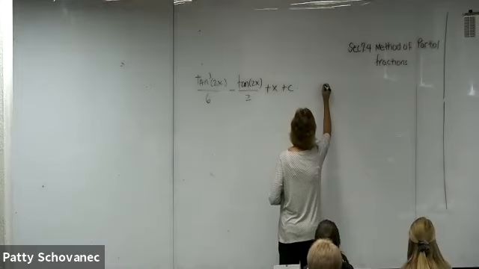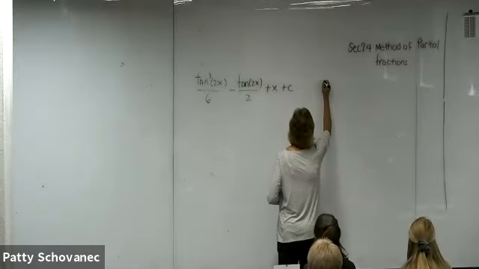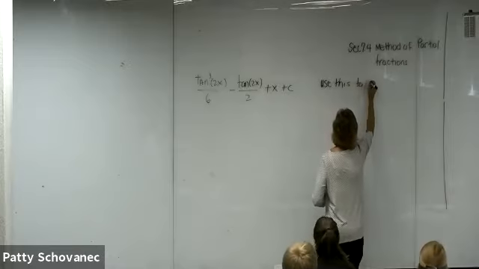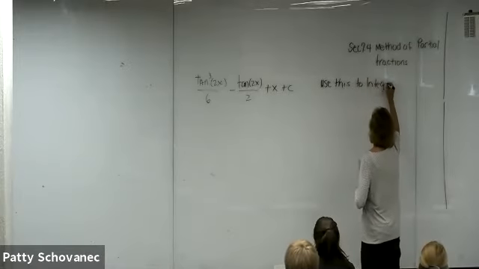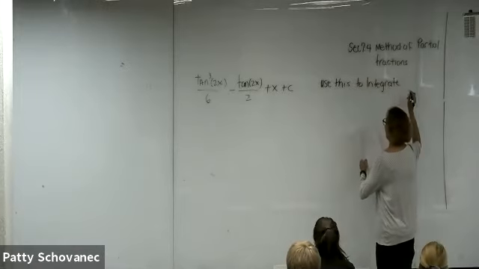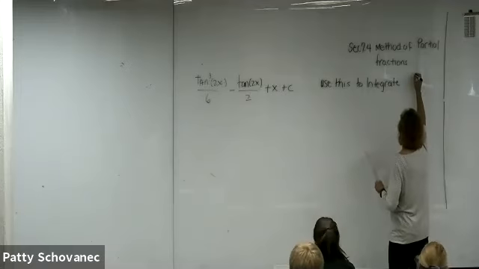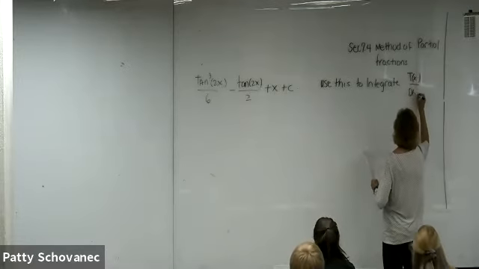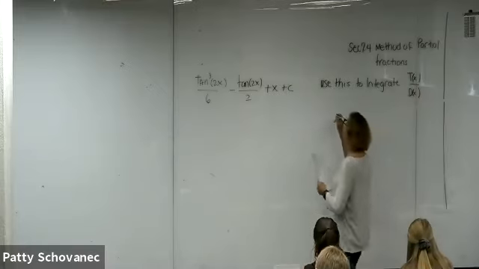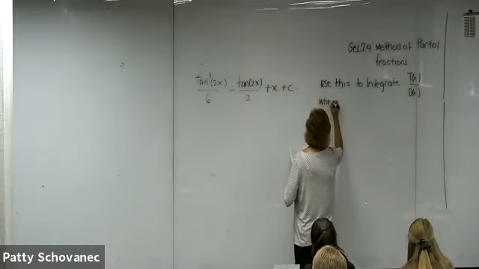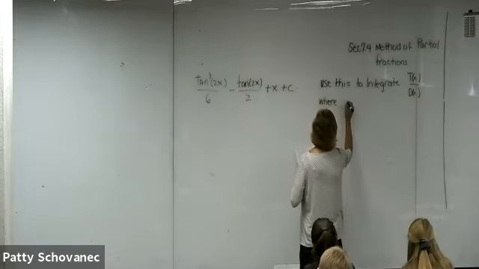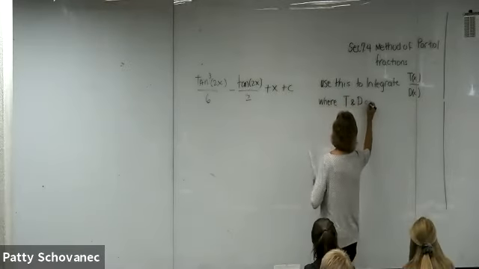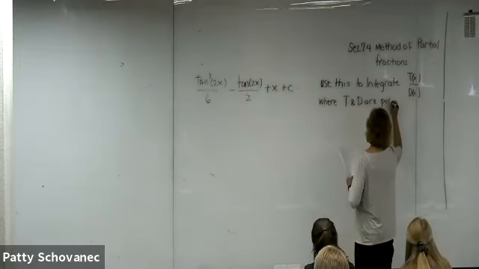So we're going to use this method to integrate rational functions, quotients of polynomials. I'm going to call it the top over the bottom as functions of x, where T and D are polynomials.